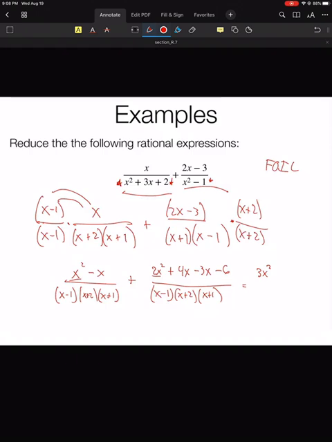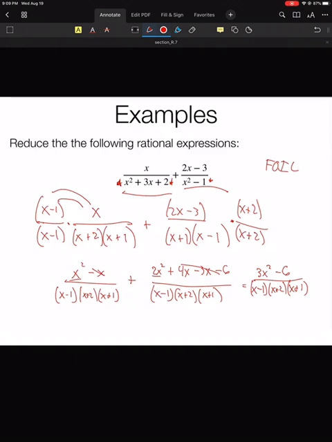So there's no x term. All of these cancel out. Then we're left with minus 6 over x minus 1, x plus 2, x plus 1. So you'll notice here that when I add them together, the denominator comes along and stays the same, and I combine like terms in the top.